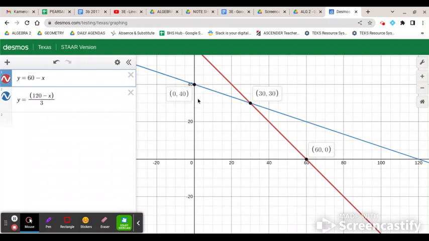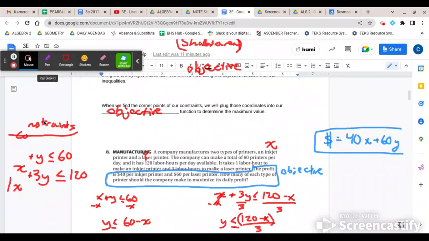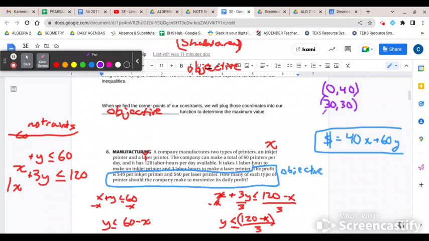So these are our corner points. These are the max points. So we have 0, 40, 30, 30, 60, 0.